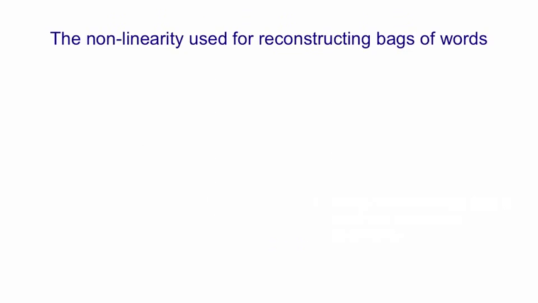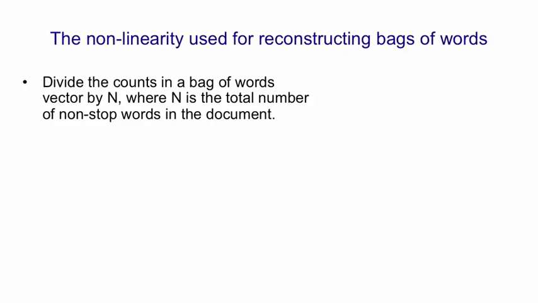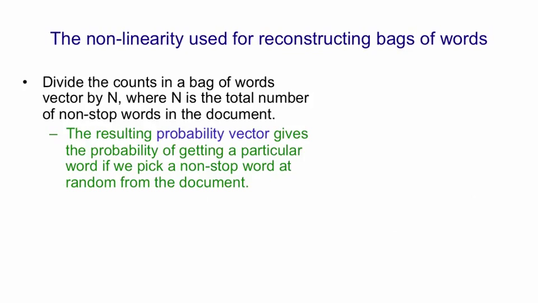So there's one problem with this, which is word counts aren't quite the same as pixels or real values. What we do is we divide the counts in a bag of words by the total number of non-stop words, and that converts the vector of counts into a probability vector where the numbers add up to 1.